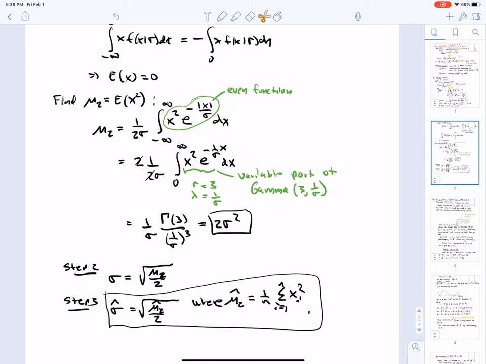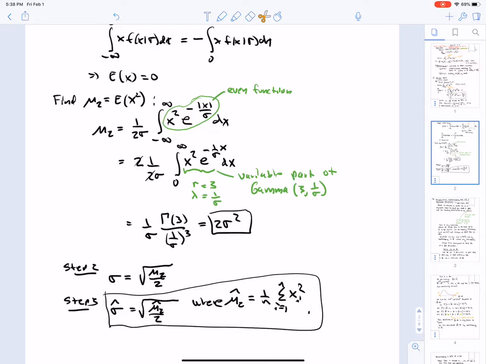And then we recognize, lo and behold, the integrand is the variable part of a gamma(3, 1 over sigma), and we recognize what that integral is using the identity from above. So we just get that the second moment is 2 sigma squared.